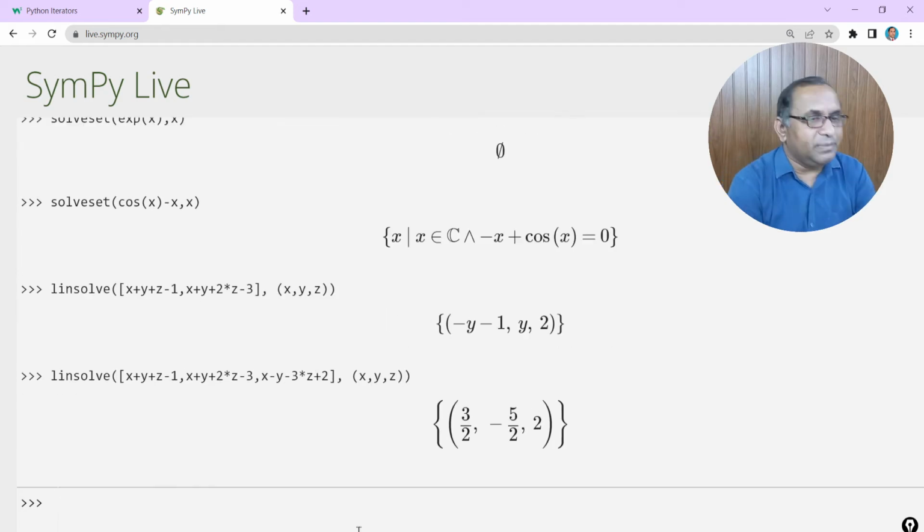So whatever equations you have, you can easily use the linsolve function to solve the system of equations. It's quite simple to use, and the corresponding set of solutions we have is 3 upon 2, minus 5 upon 2, and 2.